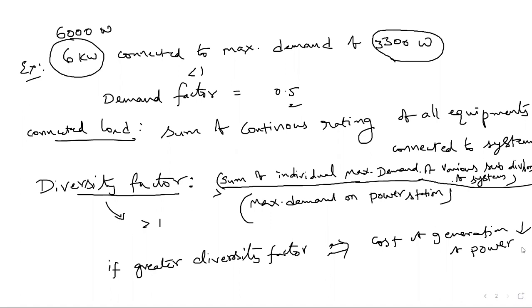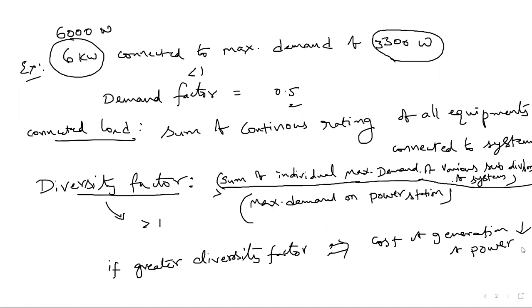Why should it reduce? Can anyone say? If the diversity factor is increasing, that is, it is always beyond 1, and it increases further, what does it mean? The individual maximum demands are increasing, and that will be indicating that the maximum demand is increasing or decreasing? Increasing, sir. Right.